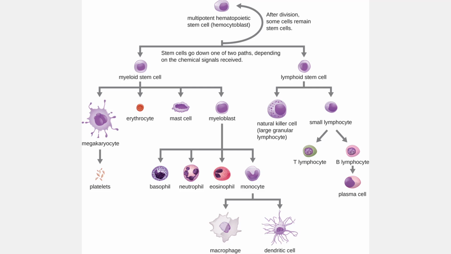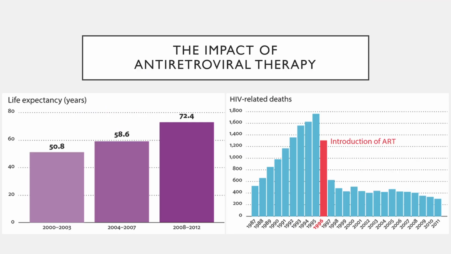Antiretroviral therapy, or in other words, therapies involving drugs that fight retroviruses, have totally transformed the life expectancy of people who have HIV. Now, these statistics here come from Canada, which is a developed nation. And so it's important to note that in developing countries which have less access to these drugs, there is still a major problem with treating HIV.